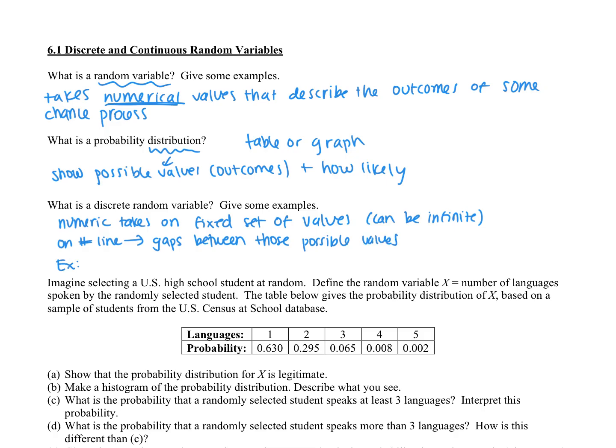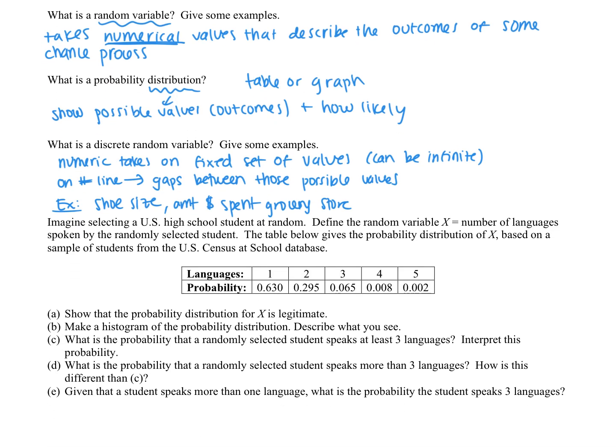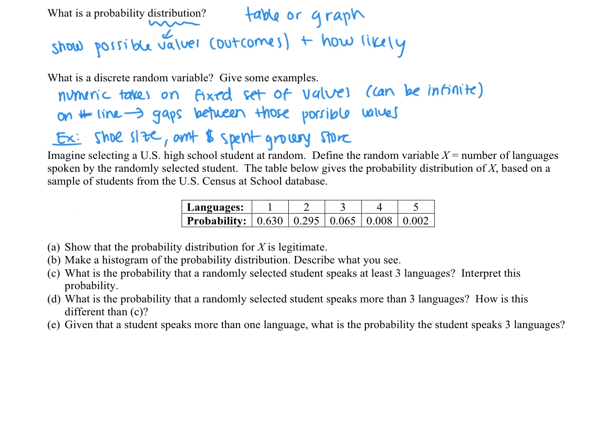For example, if I asked you your shoe size, that is a discrete random variable. It can be 5, 5.5, 6, so on and so forth. If I ask you the amount of money you spent at the grocery store, that is discrete. Doesn't mean that it's a whole number, but you could not have spent $13.998. So whatever the values are on a number line, there are gaps of some size in between them. You could spend $13.99. But in the United States, money does not go past the hundredths.